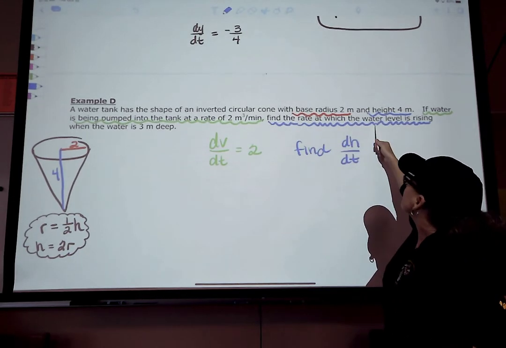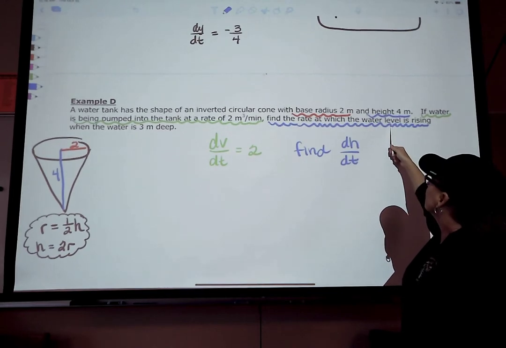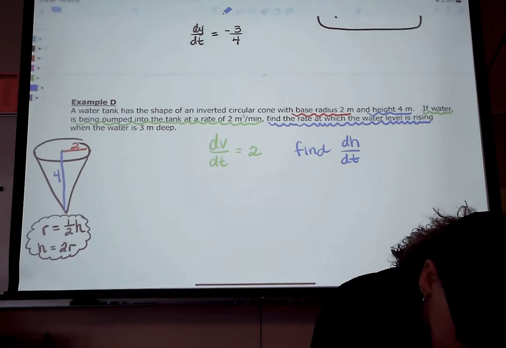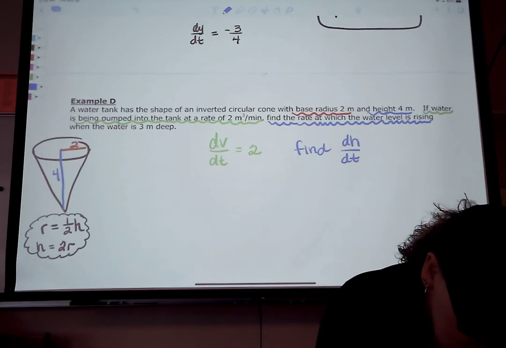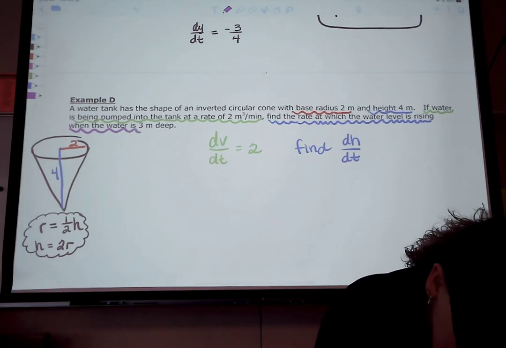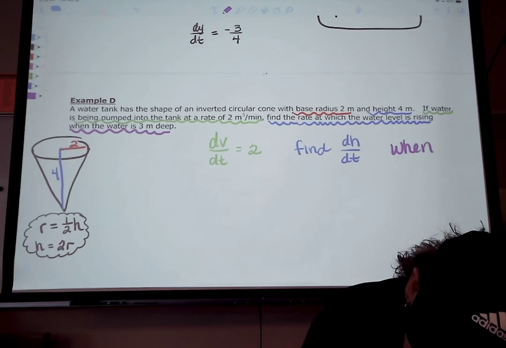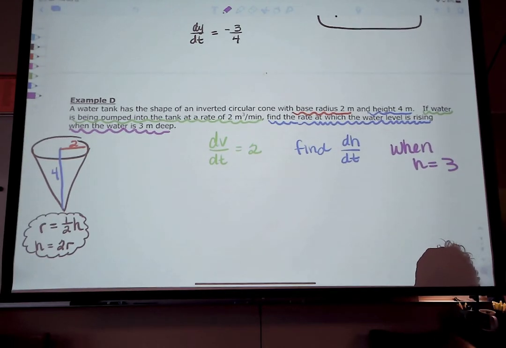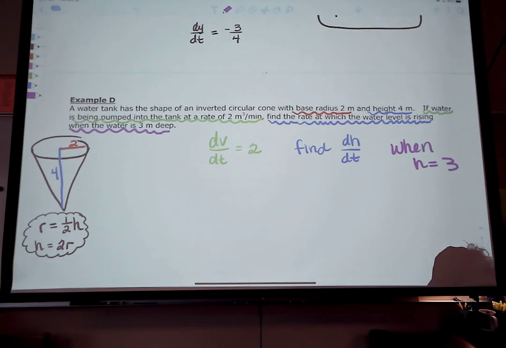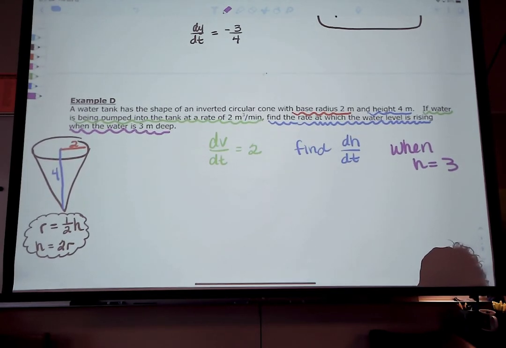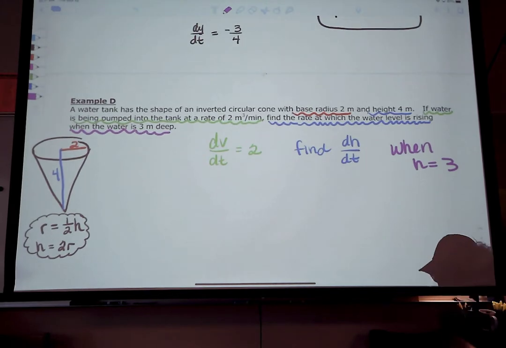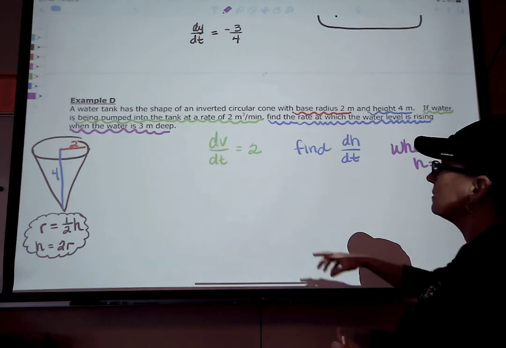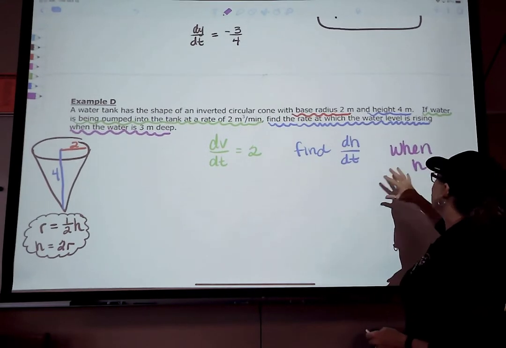Find the rate at which the water level, the height, when the height is 3. Okay. That's it. I've got wordy to mathy. I've got it all done. So we got volume, we've got dH/dt, we've got H.